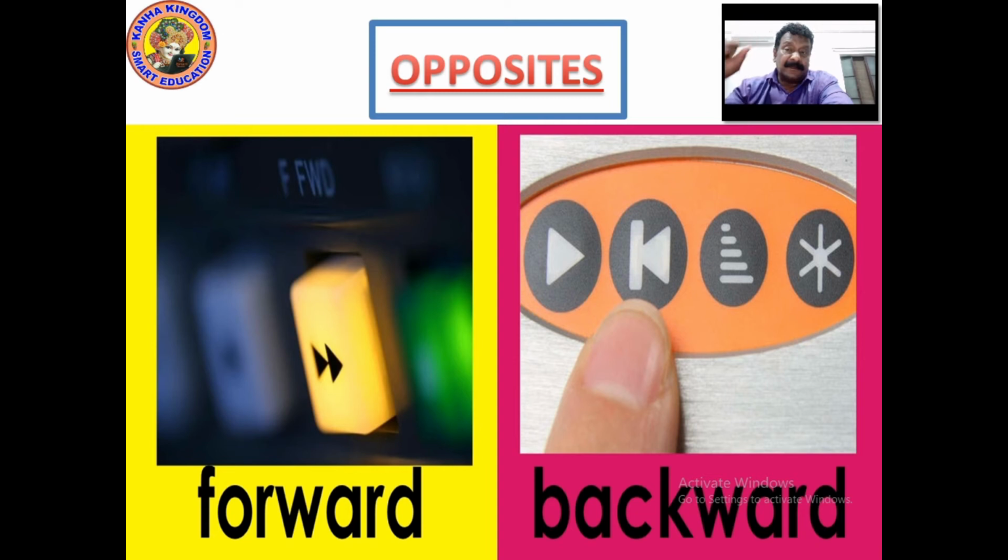In a record, if you listen to a song, the first line is there and you want to listen to something in the last one, so what you do, you need to forward it. So the opposite of forward is backward. If it goes a little more than where you want to listen, you have to press the backward button again to come to the point where you want to listen. So now the opposite of forward is backward. Opposite of backward is forward. Please write it down.